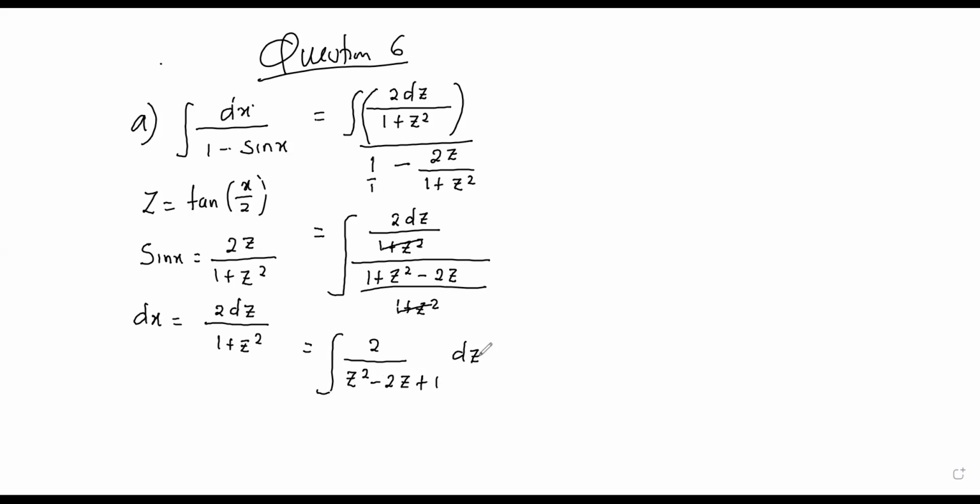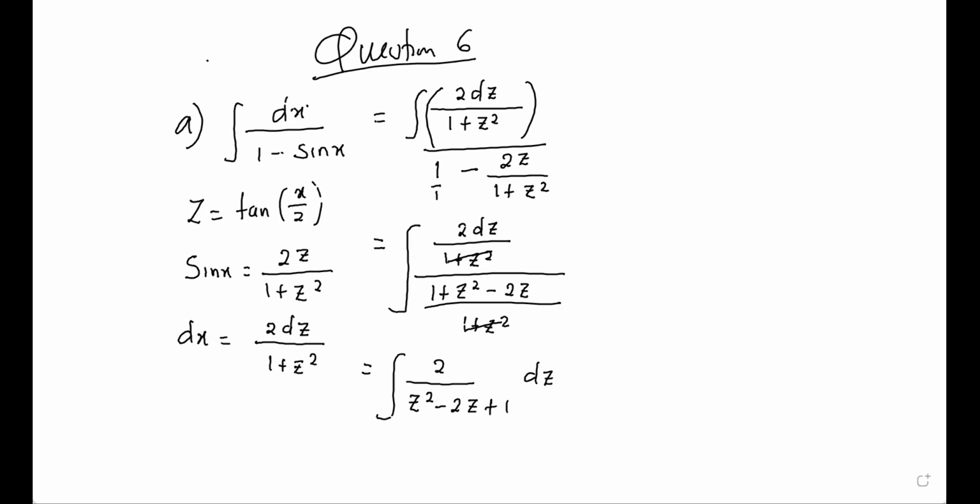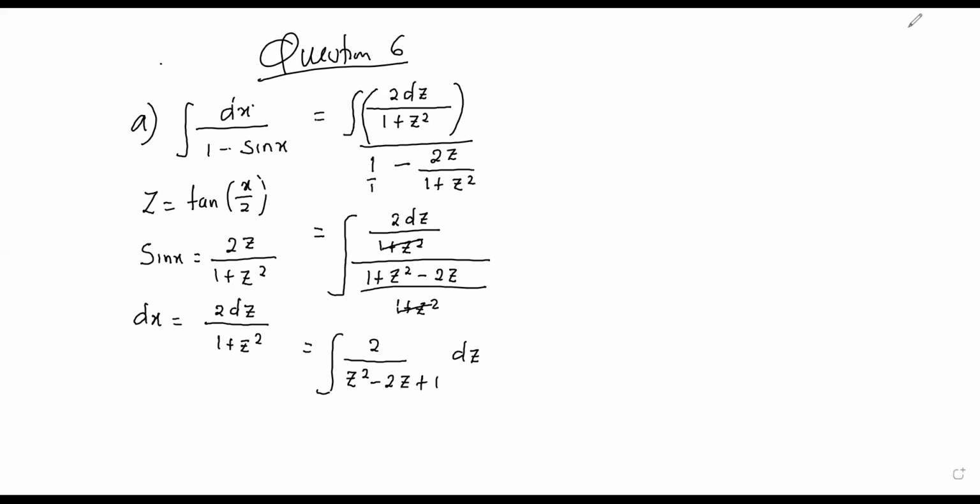If we look at this, we have a quadratic in the denominator, so we factorize it. The factors are z minus 1 and z minus 1.